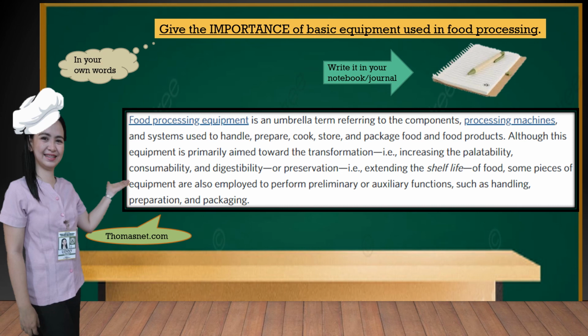Although this equipment is primarily aimed toward the transformation, that is, increasing the palatability, consumability, and digestibility or preservation, that is, extending the shelf life of food, some pieces of equipment are also employed to perform preliminary or auxiliary functions, such as handling, preparation, and packaging. So class, these are the given importance of basic equipment stated in thomasnet.com. What's yours?